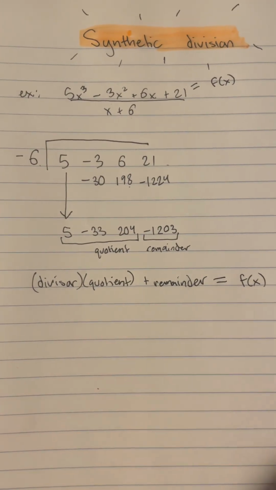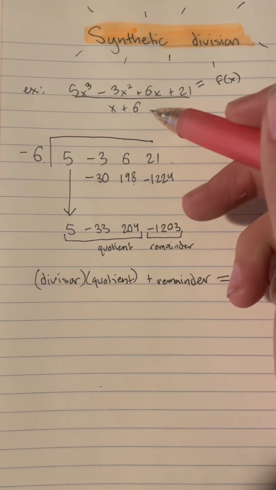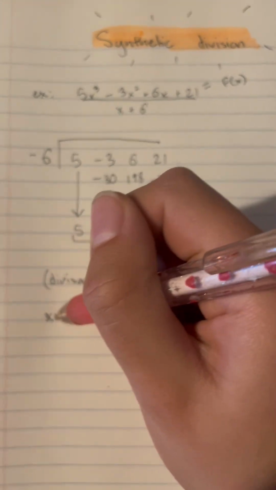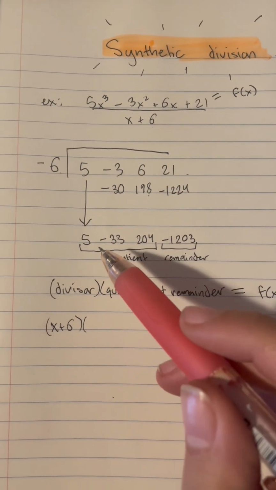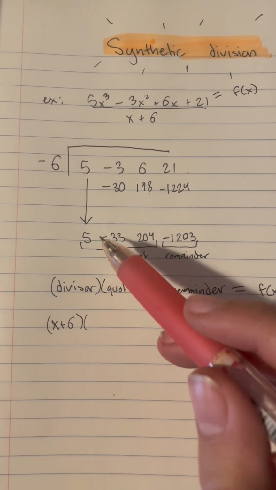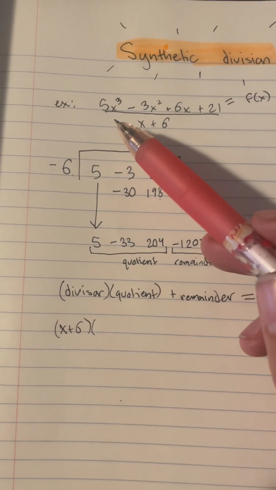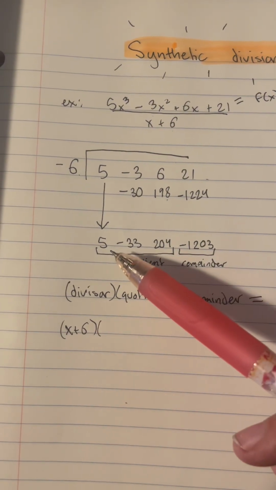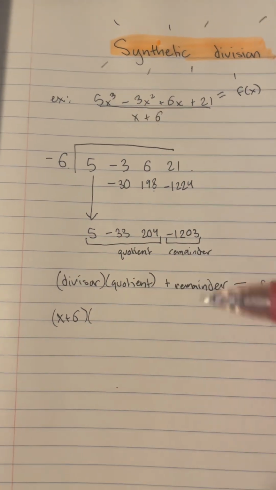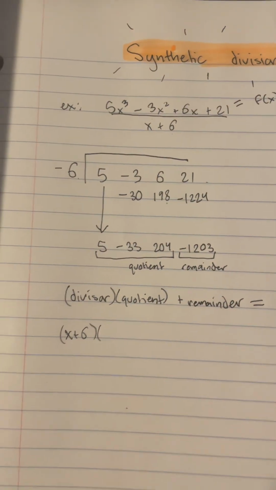If we want to write this out now, we would say our divisor, x plus 6. And remember, these are just the coefficients of your quotient. You obviously have to add your x squared, because if we want this first term to go back to x cubed, you would need to have x squared. x times x squared is x cubed. So you always lower the degree of the variables by 1.